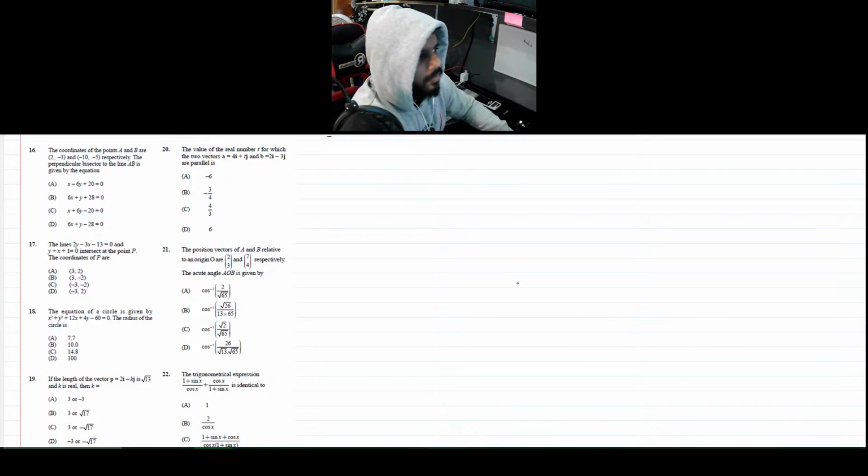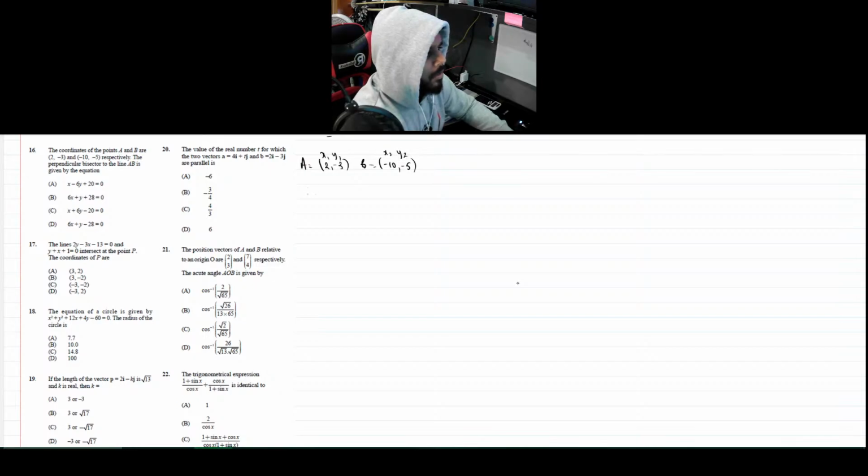So we have A is (2, -3), B is (-10, -5). Now, I'll leave out plenty of statements here. Please don't do this for paper 2. Because it's paper 1, I can leave out plenty of statements. x1, y1, x2, y2.